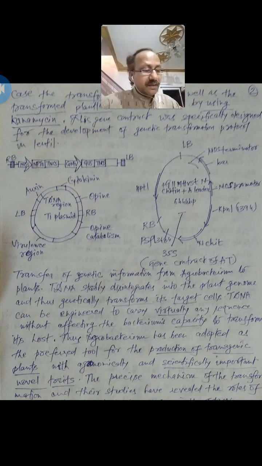Transfer of genetic information from Agrobacterium to plants: T-DNA stably integrates into the plant genome and thus genetically transforms its target cells. T-DNA can be engineered to carry virtually any sequence without affecting the bacterium's capacity to transform its host.